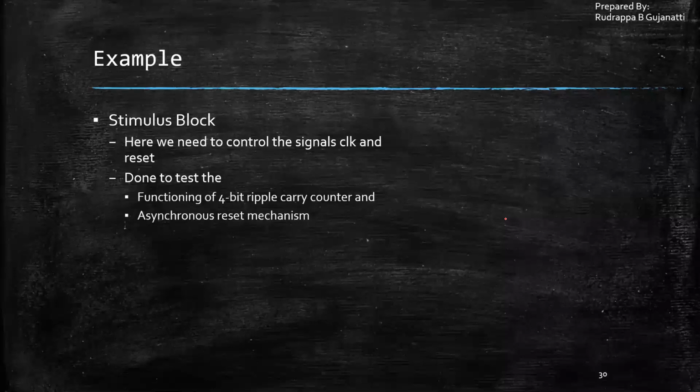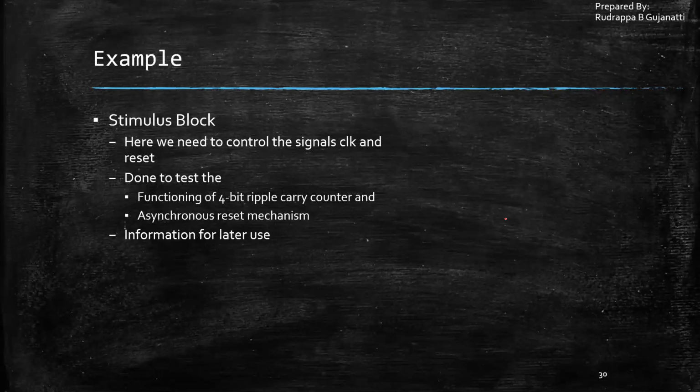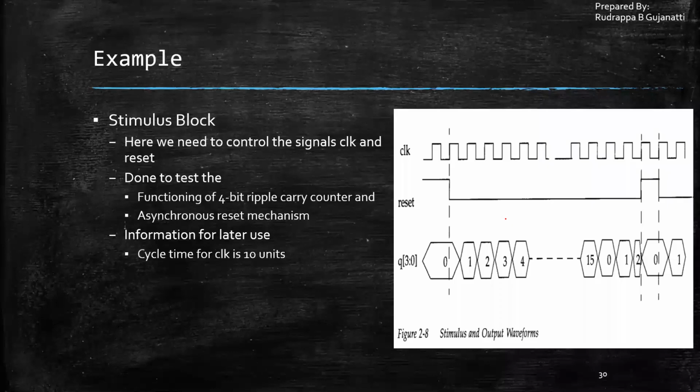What we are testing is the function of the 4-bit ripple carry counter, and we are testing the asynchronous reset. That is, the clock is not common for this purpose. At any random time, if I reset it, what happens? This information we'll utilize later. The cycle time for the clock is 10 units.